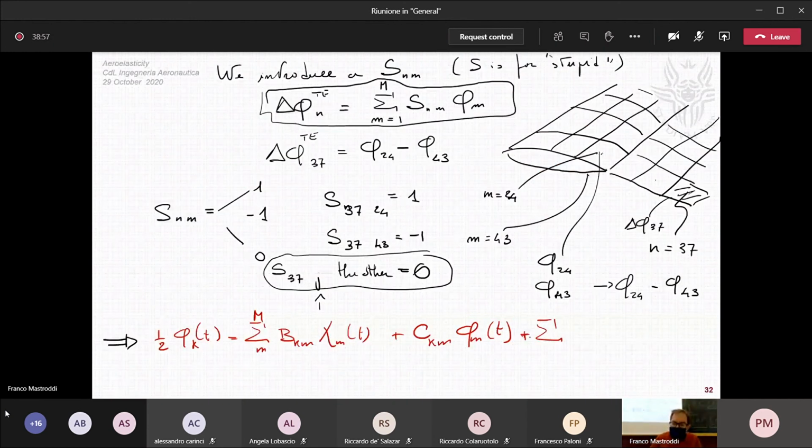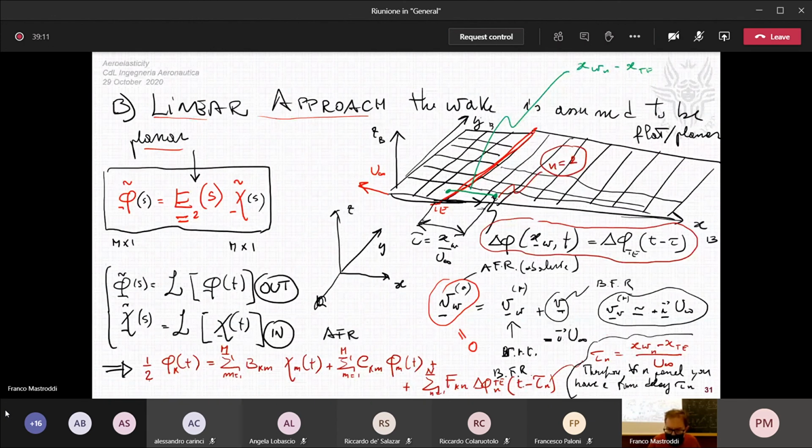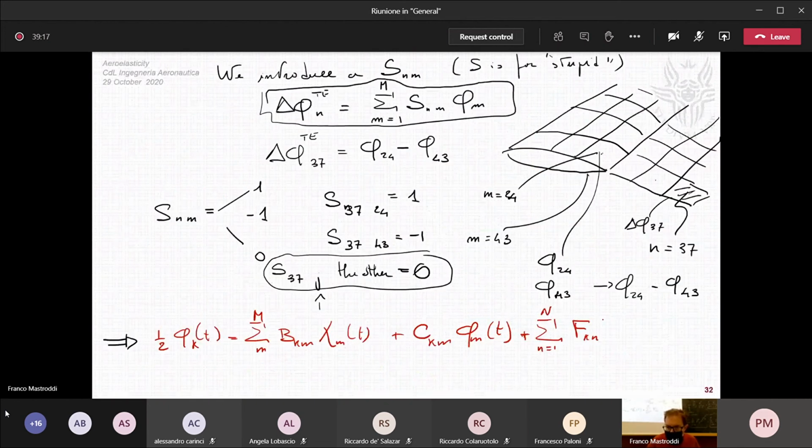So we have this sum for n from 1 to capital N of f_kn, but instead of delta phi_n at t minus tau_n, we can write this summation for m from 1 to capital M of the matrix S_nm applied to the velocity potential on the body.